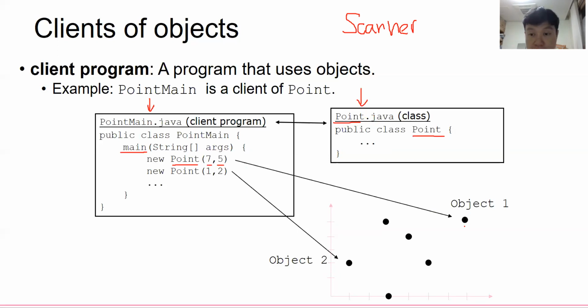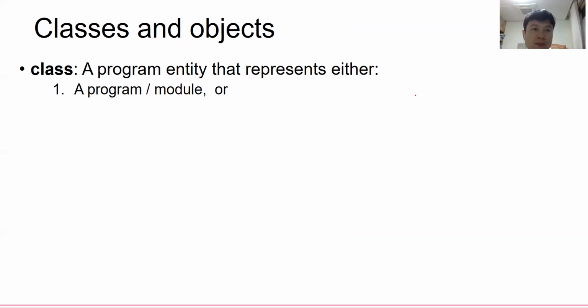If I create 7 and 5, it means this is the first object. If I create 1, 2, it means this is the second object, and so on. So at least now you will learn that there will be two classes, point.main.java as the client program, and point.java as the class or the object that we want to create for this point.